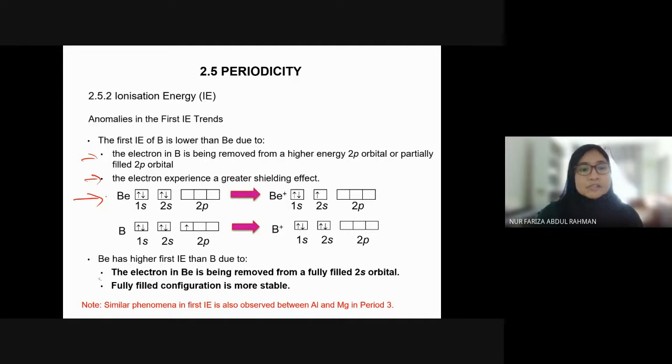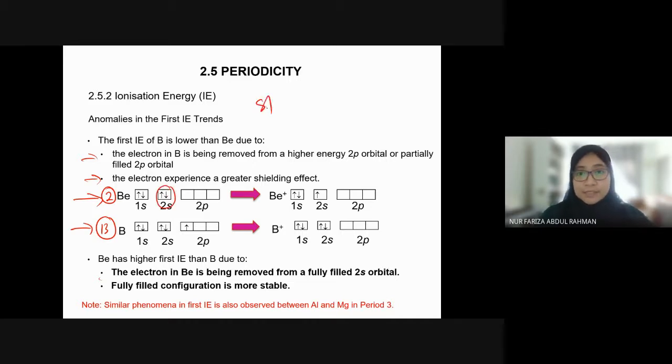Okay, so this is beryllium. Beryllium comes from group 2, and this is boron. Boron comes from group 13. Okay, so this is how the electron configuration, the orbital diagram for beryllium looks like, and this is how boron's orbital diagram looks like. As you can see, beryllium has a full-filled 2s orbital.